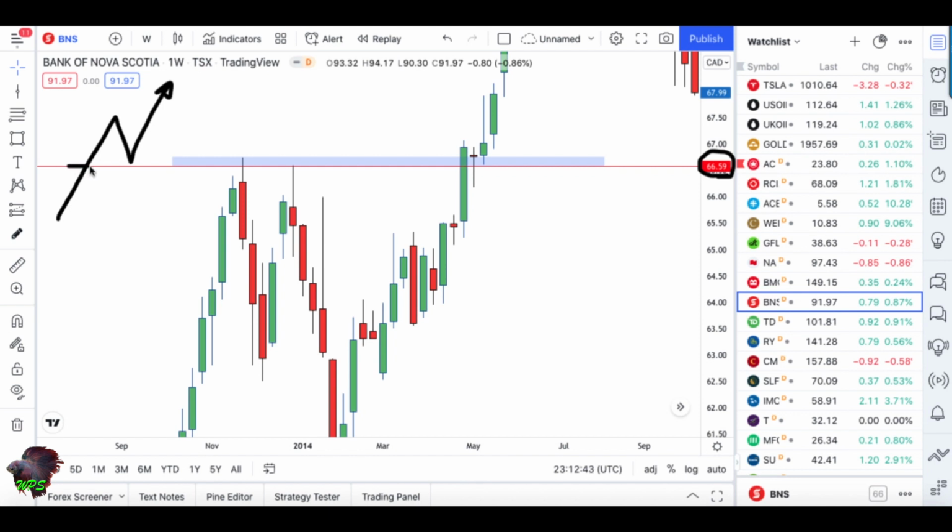Breaks out, area of resistance, comes back, retests this level, and if it gives us a strong signal like this, market moves on. And this is another example of a breakout with the pullback, okay, with a clear pin bar signal to go long, okay?